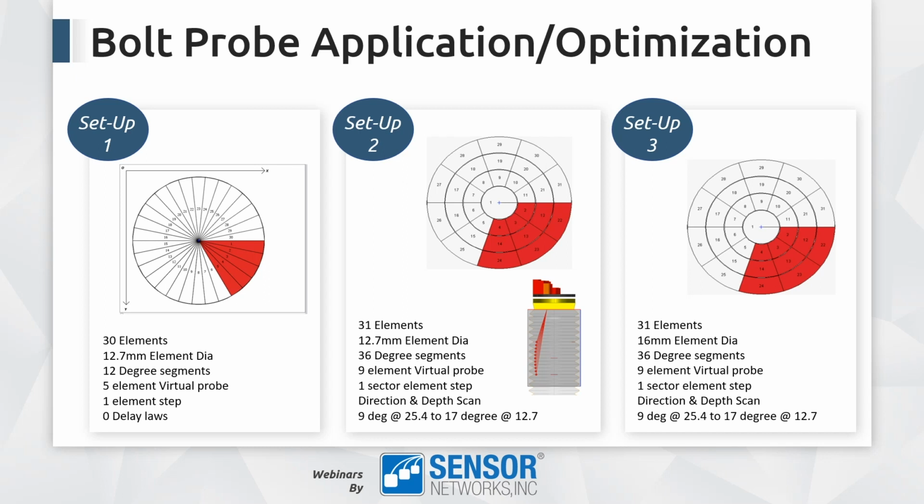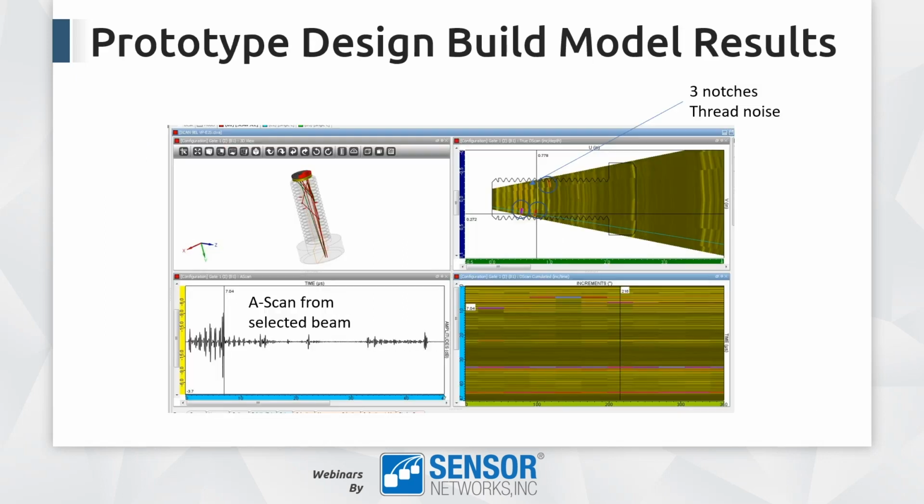The customer wanted to move in this direction so they didn't have to manipulate the array, and we looked at 3 different options, including what we call a daisy type array, and then 2 different options on segmented annular with some different size constraints. In this case, we used SIVA to do the modeling to evaluate these different options prior to creating prototypes.